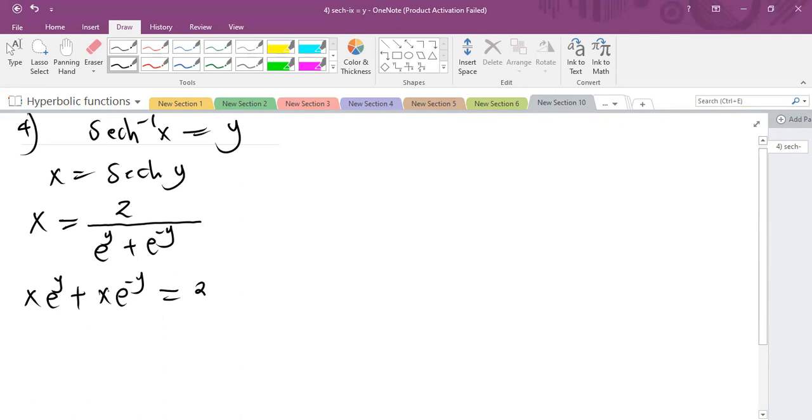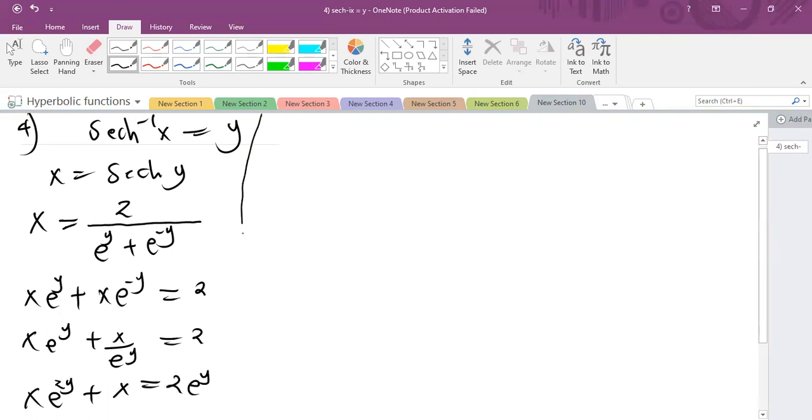Then we can rewrite this nicely by multiplying all through by exponential y. So I have x exponential 2y plus x is equal to 2 exponential y. This forms a quadratic equation.